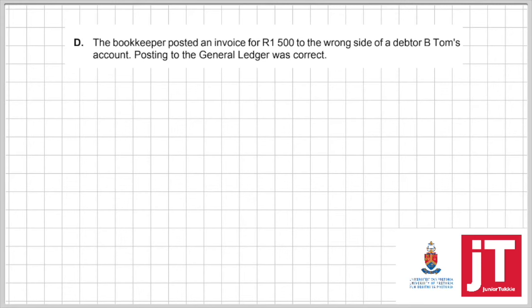Transaction number D. The bookkeeper posted an invoice for 1,500 to the wrong side of a debtor B. Tom's account. Posting to the general ledger was correct. So this means that we have done it correctly in the control account. The mistake was made with the individual.